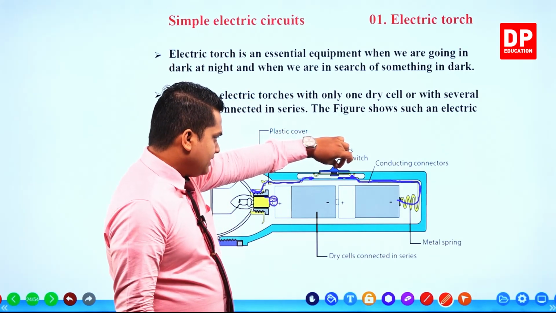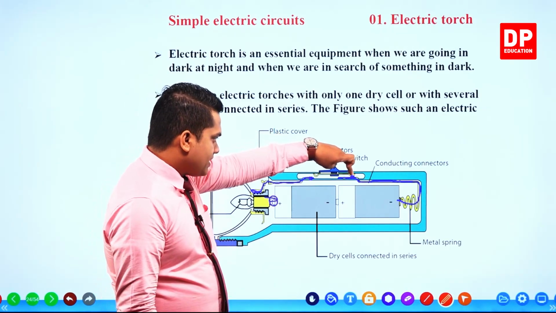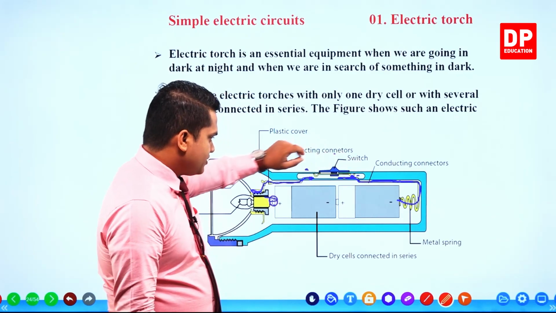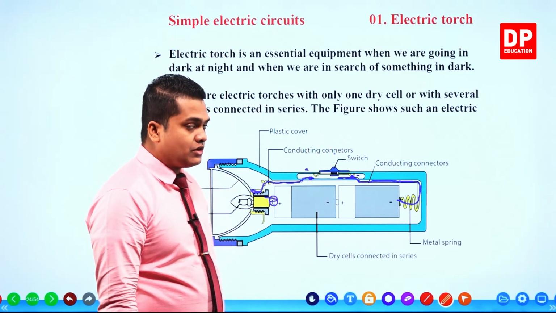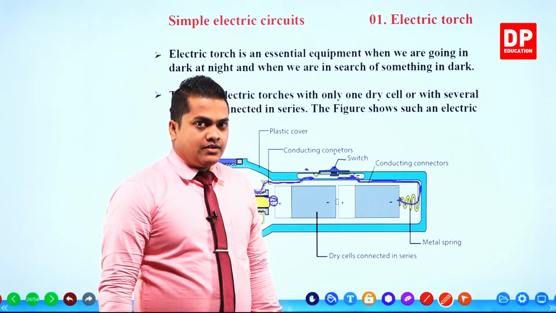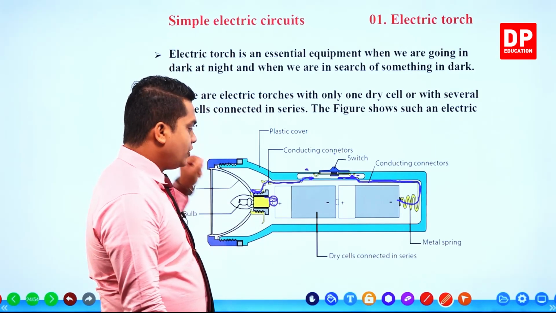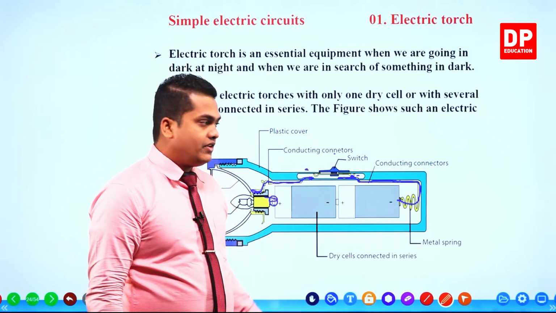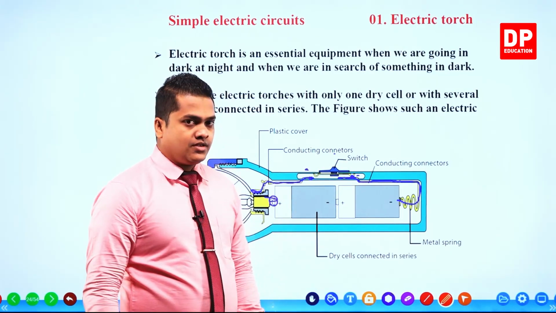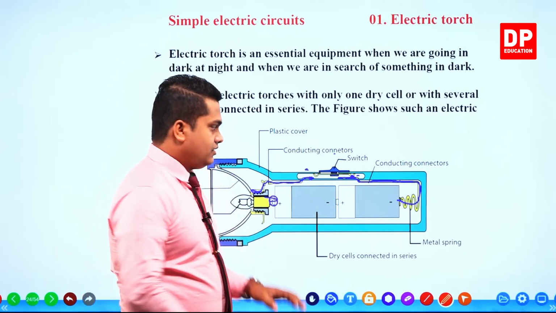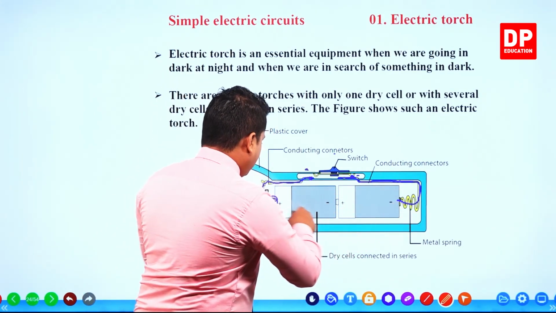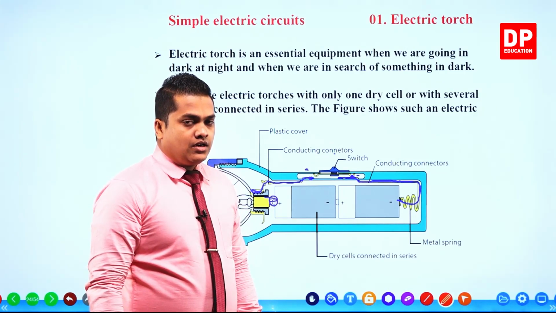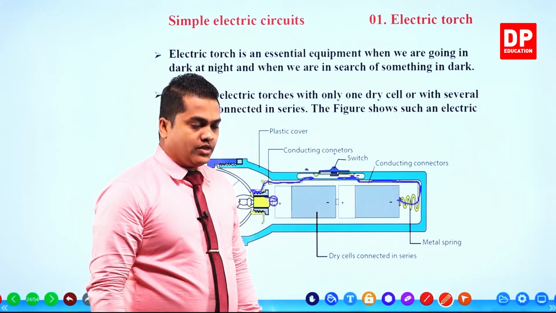When you push this switch to the front, this copper plate is going to touch the second one in order to complete the circuit. By that way, the bulb is going to light up as the circuit is completed when you turn the switch to that side, right? So this is how an electric torch works.